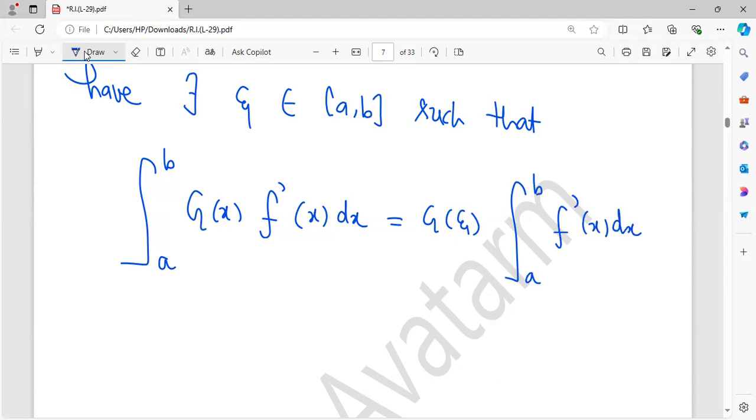But what will this be? This will be, by second fundamental theorem, f x from a to b.